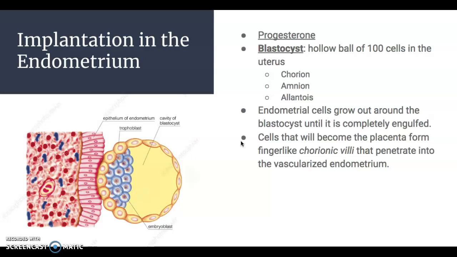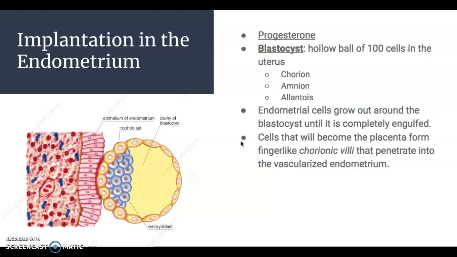One of the hormones involved in implantation in the endometrium is progesterone. Progesterone essentially helps the smooth muscle of the tube relax, so transport from the fallopian tube to the uterus happens slowly.